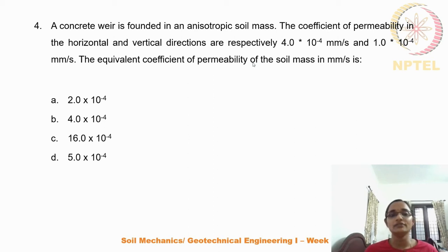The equivalent coefficient of permeability of the soil mass in mm per second is? So we are given Kh and Kv, the coefficients of permeability in the horizontal and vertical directions, and we are asked to determine the equivalent coefficient of permeability. There is a single equation connecting the equivalent coefficient of permeability with the horizontal and vertical coefficients.